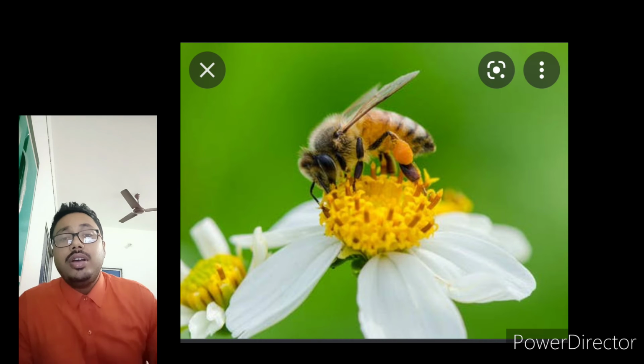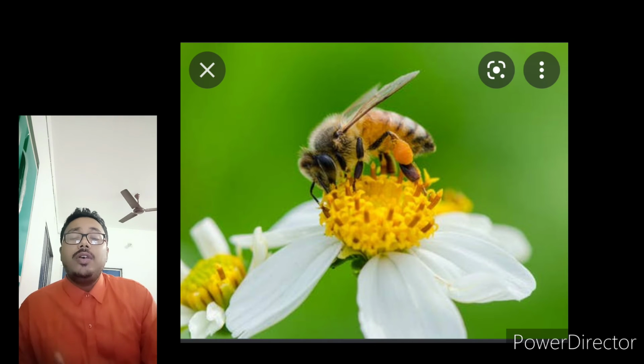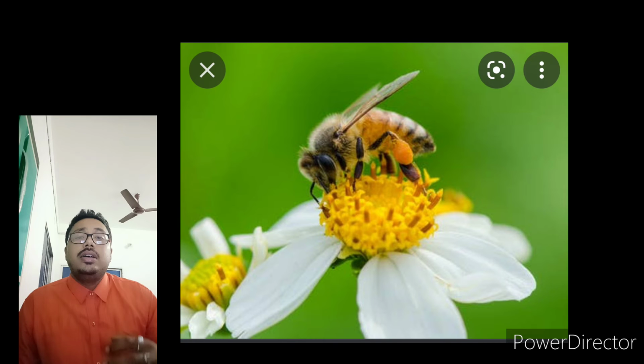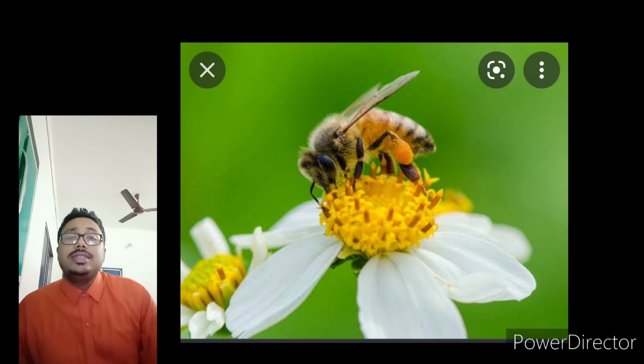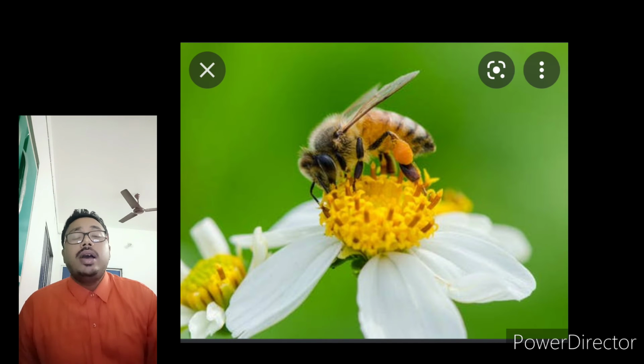In that attraction, the insect comes to that flower and moves from flower to flower to collect nectar or something else, and from the body parts of that insect, the pollen grains get transferred to another flower.